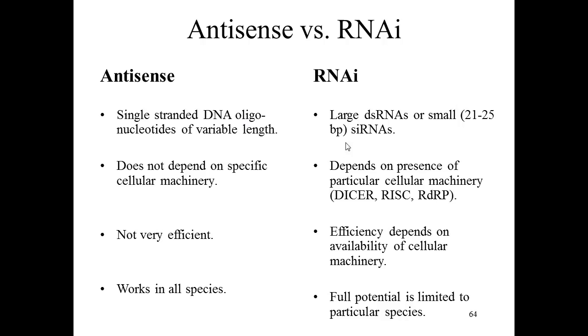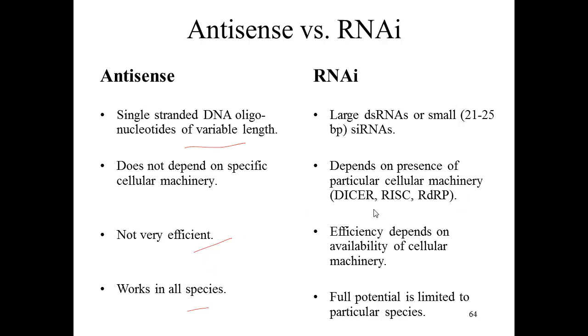Comparing the two options, antisense is single-stranded oligonucleotides, RNAi is double-stranded, large or small RNAs. This is a technique based only on hybridization. It doesn't depend on any proteins. It's not very efficient, but it'll work in all species because all you're doing is binding to the RNA.